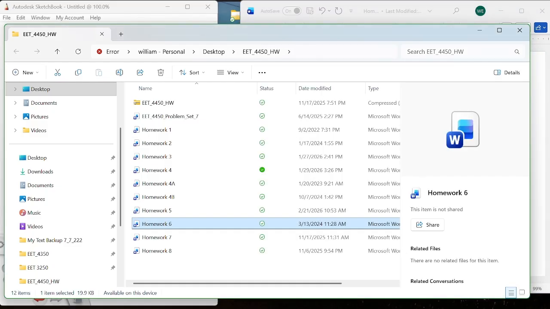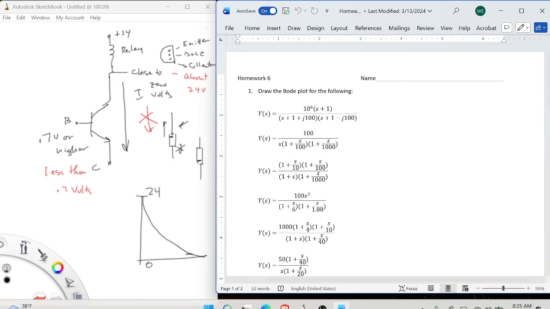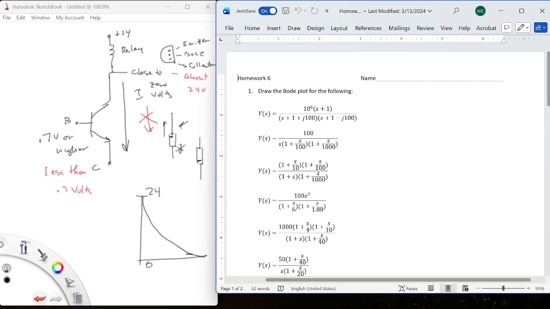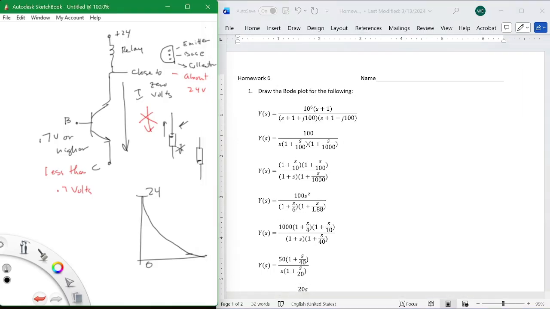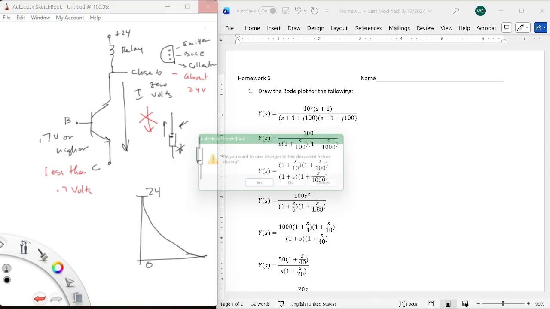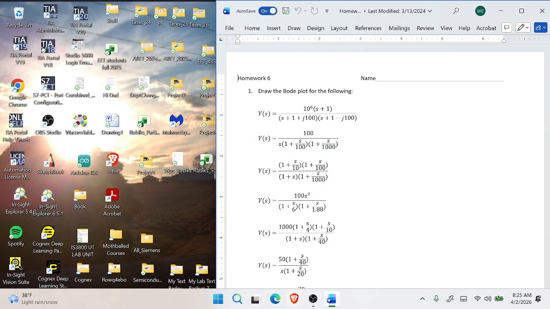Okay, so this is homework 6. And that piece of paper that I gave you is, instead of this, I'm going to go back and get it. It's right here.